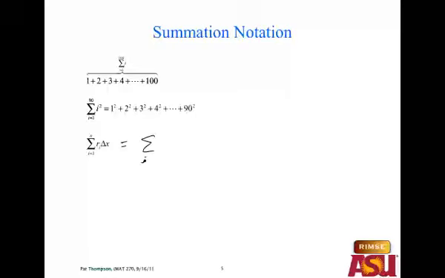The sum from i equals 1 to n of r sub i delta x. Same thing, interpret that. What is that saying to do? Write an expression that describes or is equivalent to that.